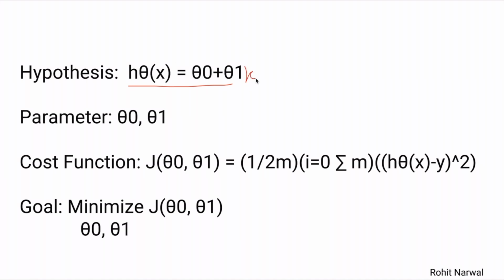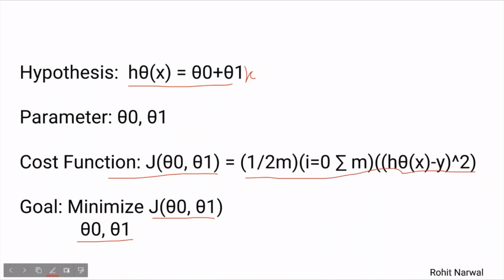Here x will come, this is my fault, sorry for that. And as you all know, the cost function which we use to minimize theta 0 and theta 1, or you can say just j of theta 0 comma theta 1 value. So this is our function.